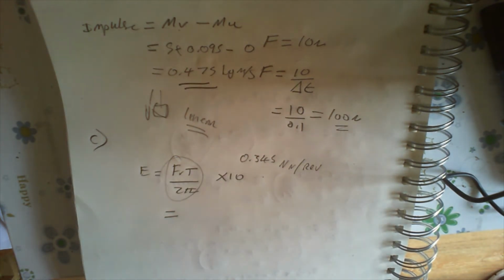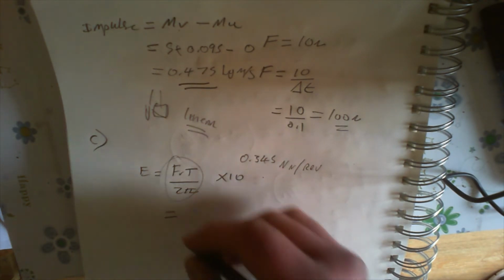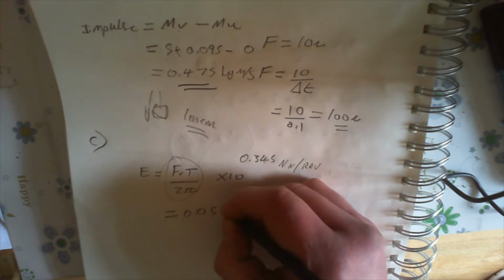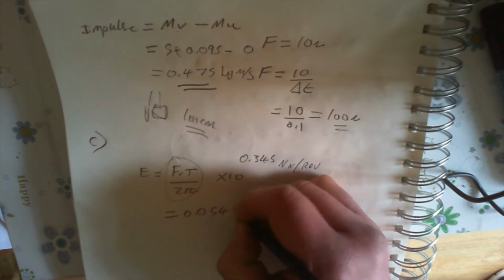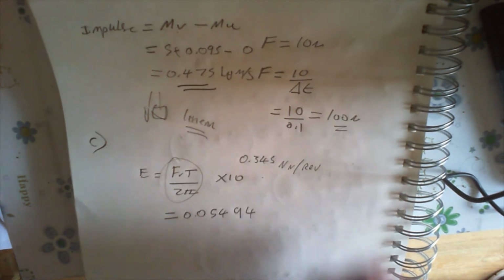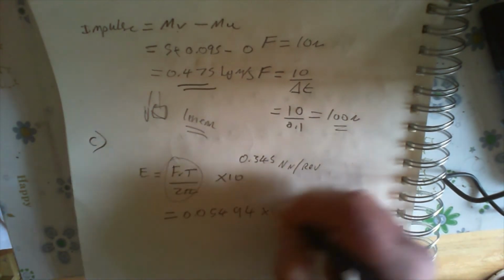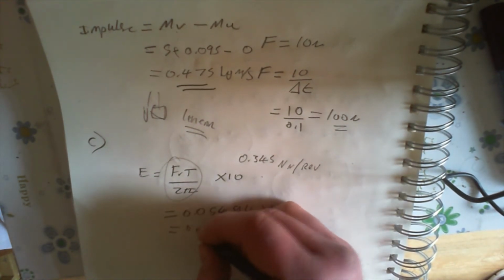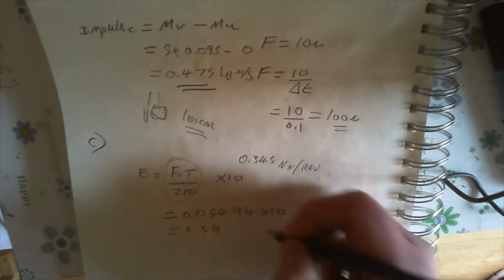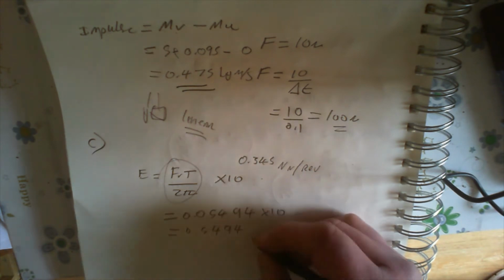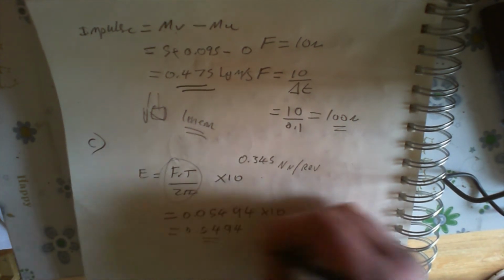So that is going to be 0.05494, it's quite a small number, so I'll keep these going a bit, then times that by 10 is going to equal 0.5494, and that's in joules.